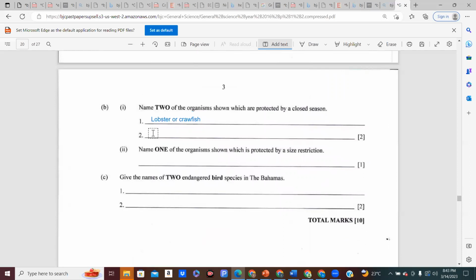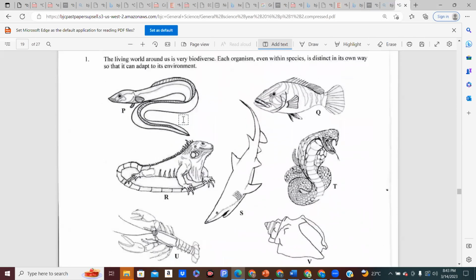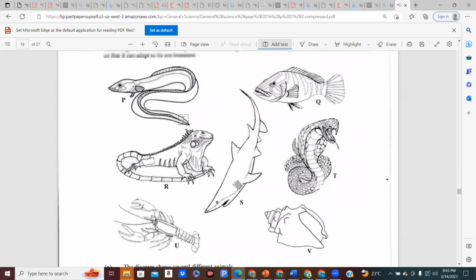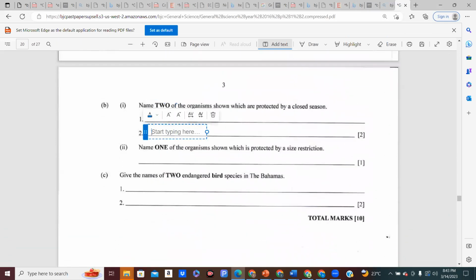And what's another one that's protected by a closed season? The Nassau grouper, yes. Good.